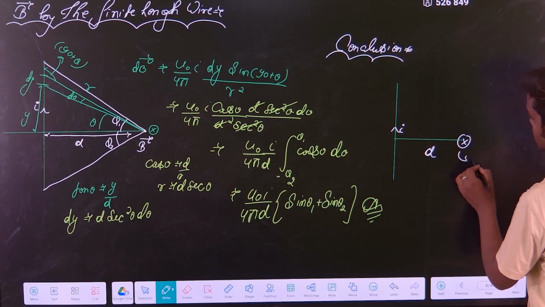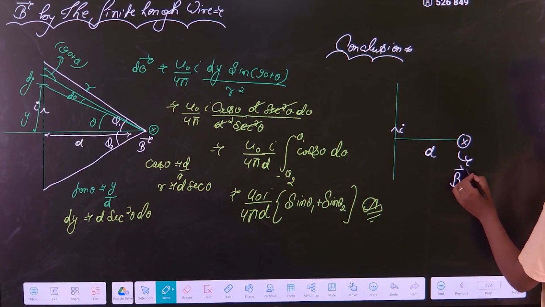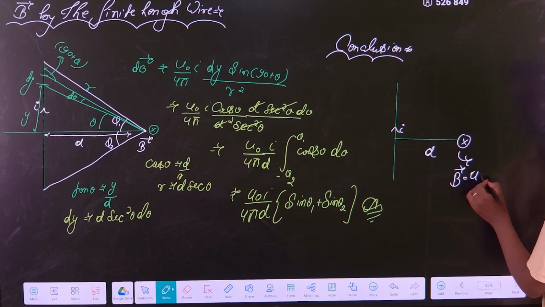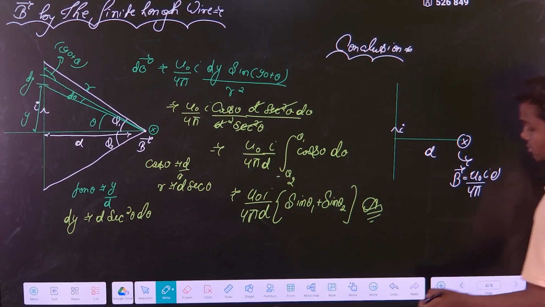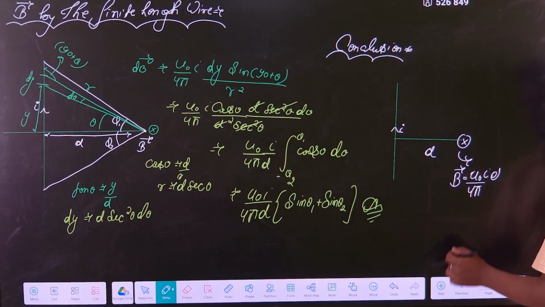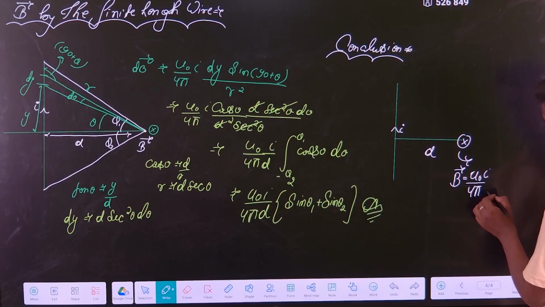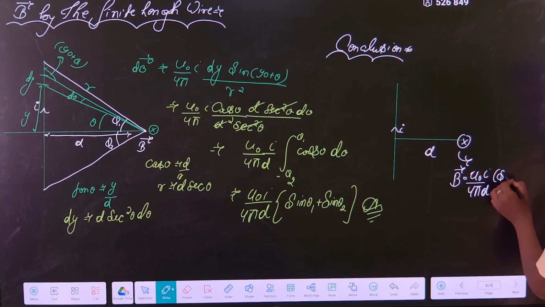And the value of this magnetic field will be mu naught upon 4 pi into I upon d into sine theta 1 plus sine theta 2.